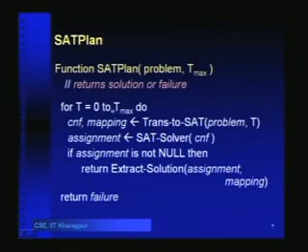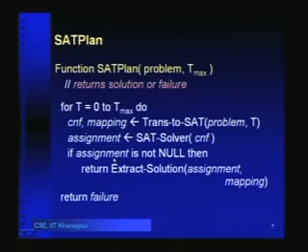So, for t equal to 0 to T max, do: the CNF mapping is translate to SAT problem t. So, what we are effectively doing is generating all the clauses up to time step t, and then calling the SAT solver with the CNF that we have found by this translation.